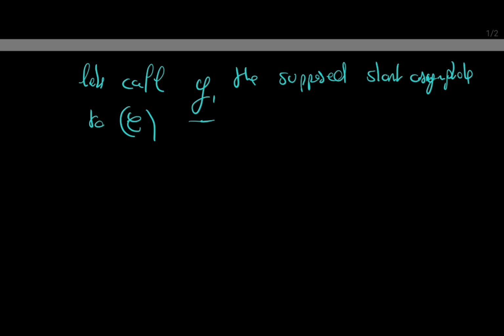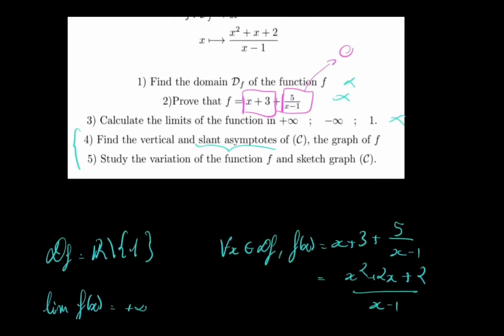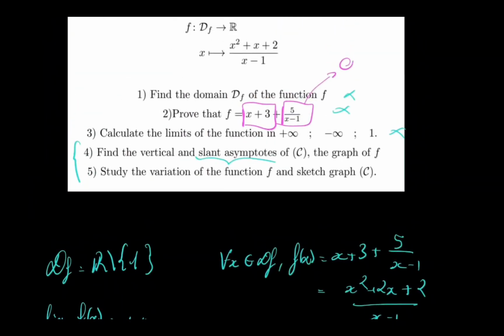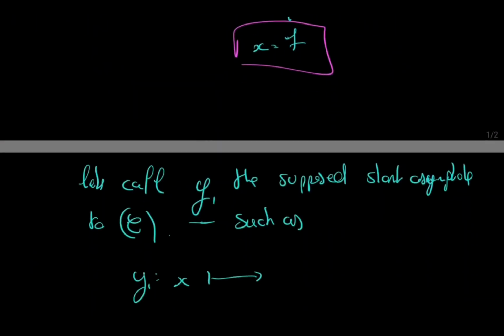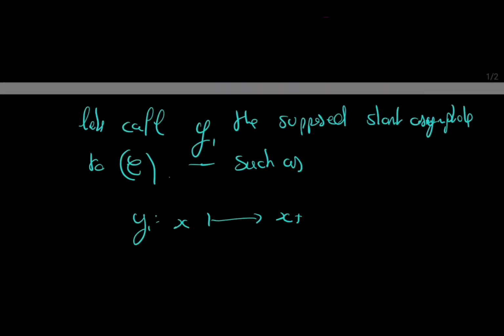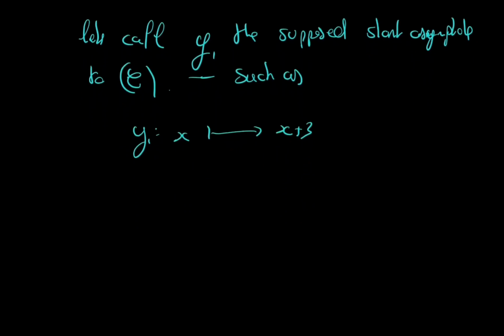We are going to prove it just now. And we give the equation now: y1 of x gives what? This thing here, x plus 3. This is always the same thing, and this is a very classic exam.